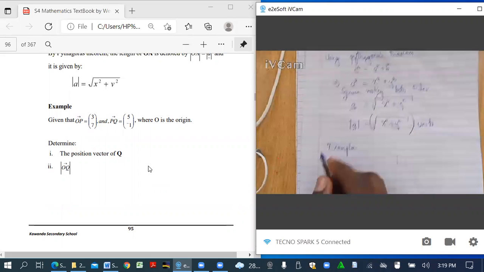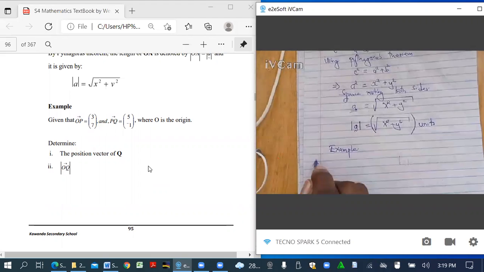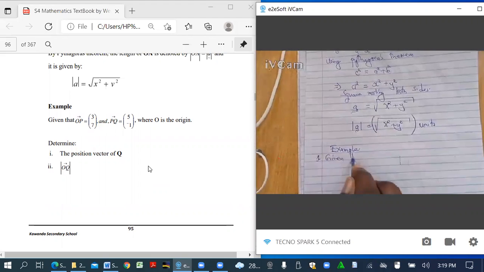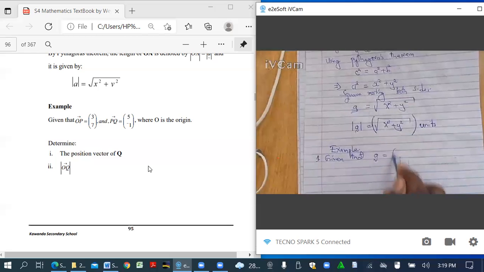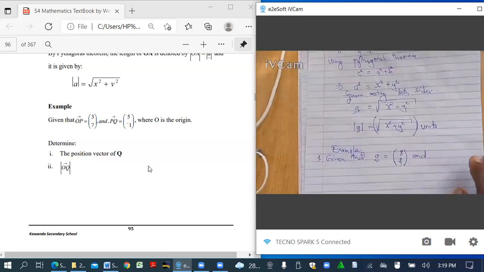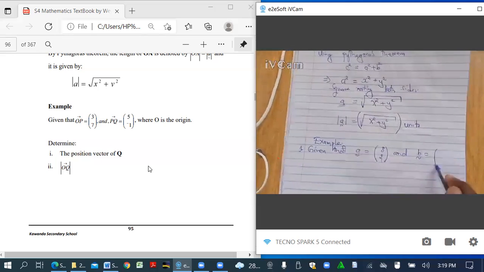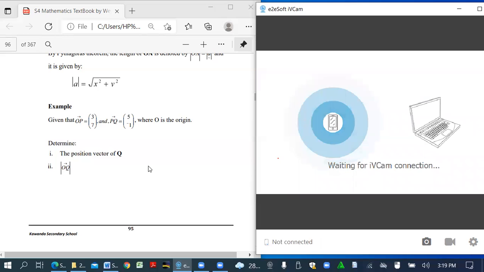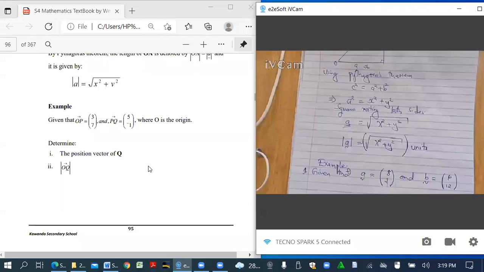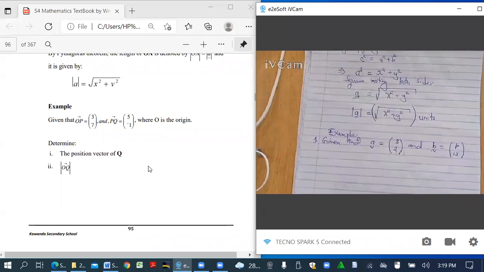The question is, given that vector A is equal to (8, 2) and vector B is equal to (6, 12).